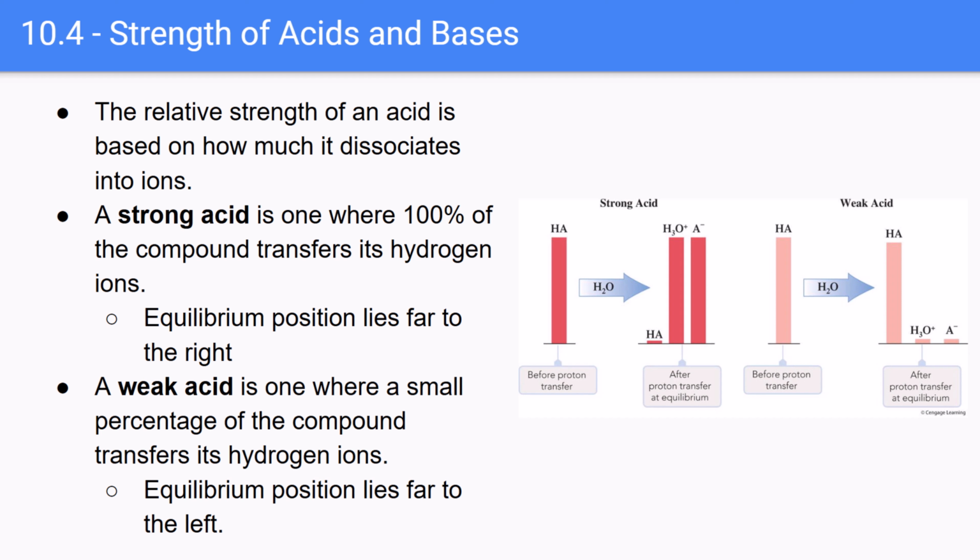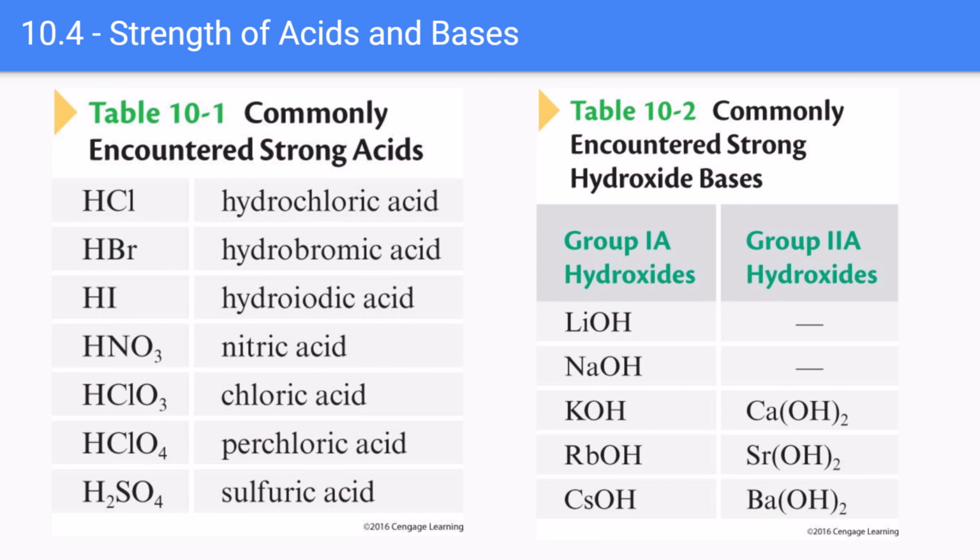If you notice that the strong acid, we have lots of H3O plus and very little of the original acid, which is denoted as HA. If I look at the weak acid, we still have a lot of HA left over after equilibrium has been established. So the relative strength of an acid is not based off how many hydrogens it starts with. It's solely based on how much H plus or H3O plus we get after the dissociation occurs.